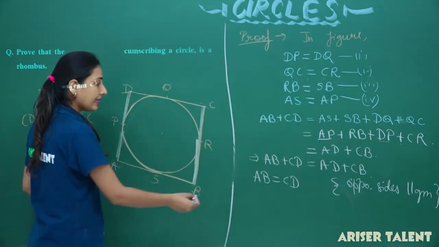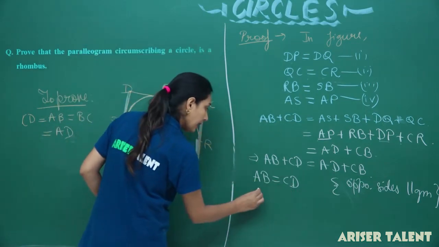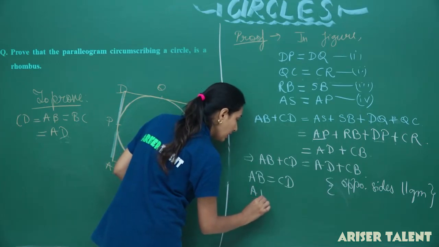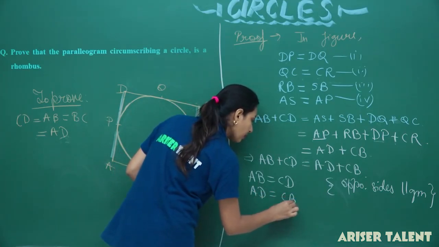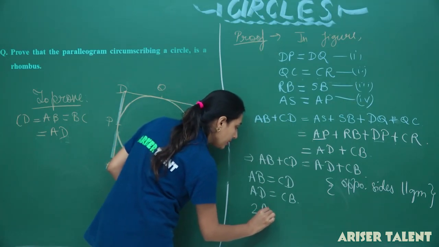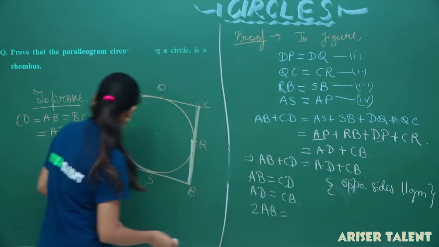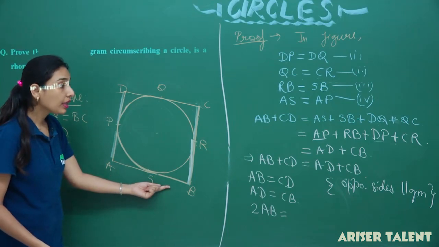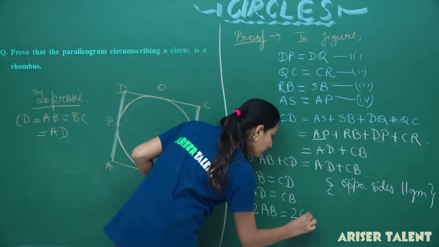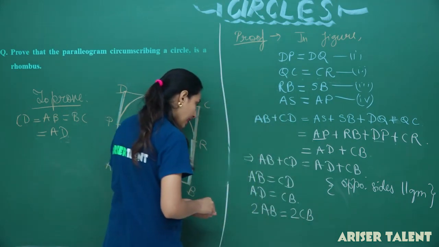So, by this I can say AB equals to CD and AD equals to CB. So can I write this as 2AB equals to what? 2CB.